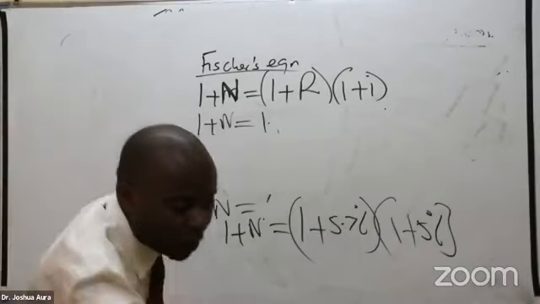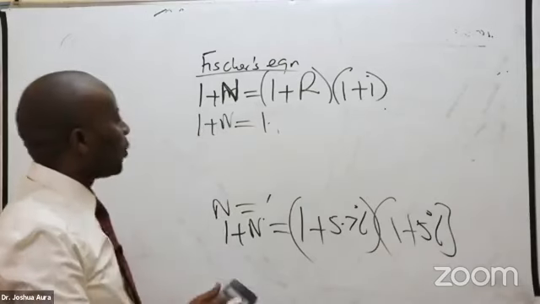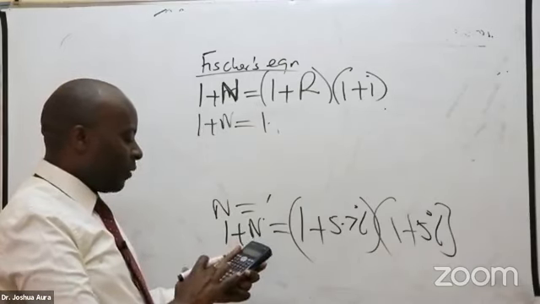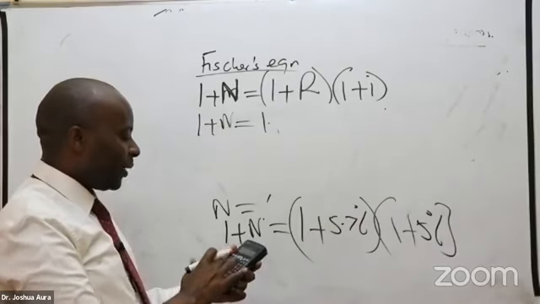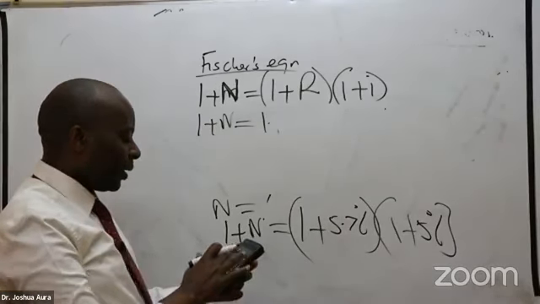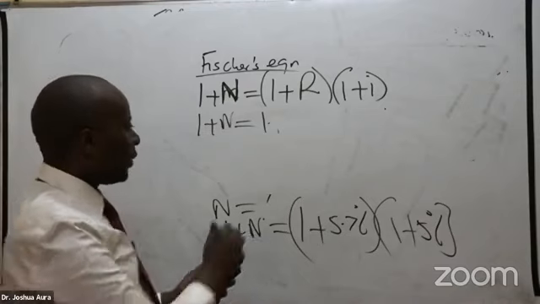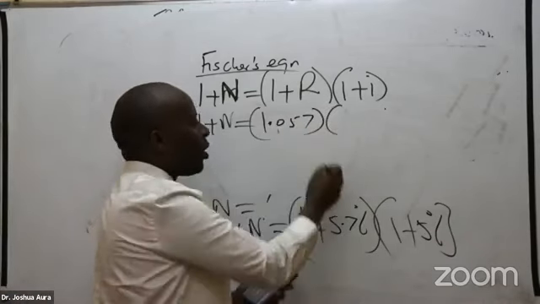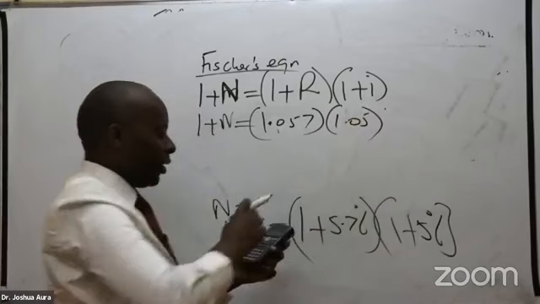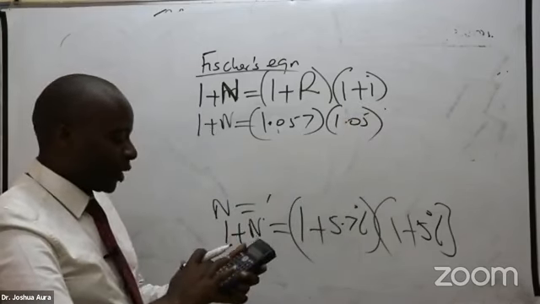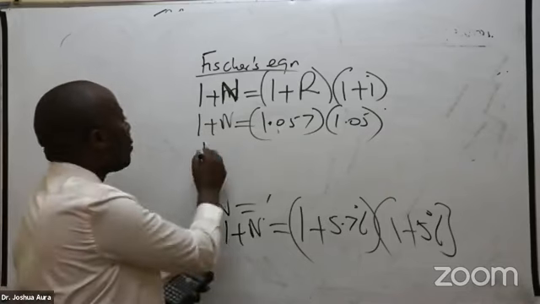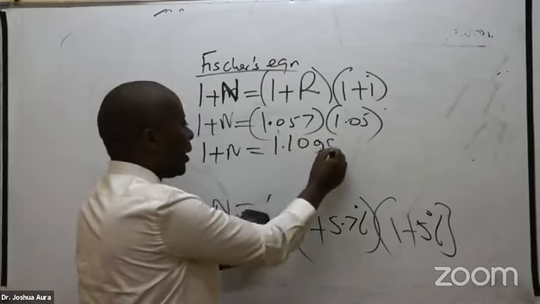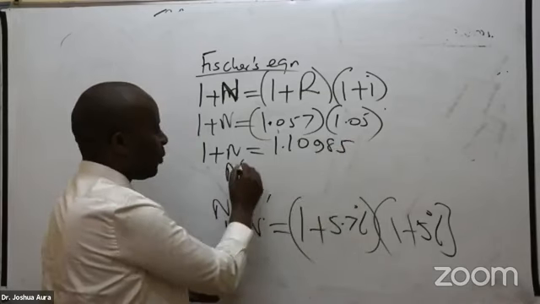If you have a good calculator, normally rely on your calculator: 1 plus 5.7 divided by 100, which will give us 1.057 times 1.05. Go ahead and do your multiplications. I'm able to get my 1 plus nominal being 1.10985.